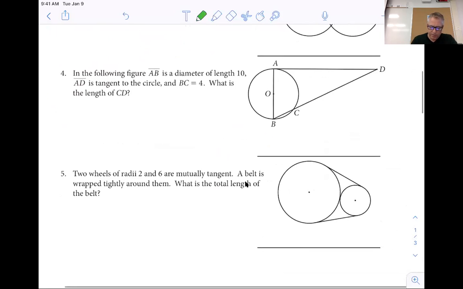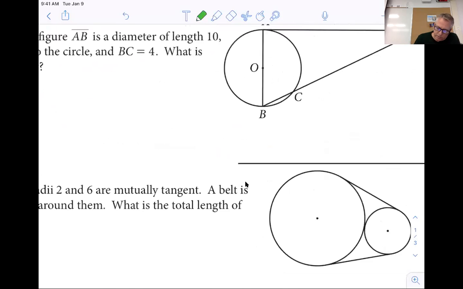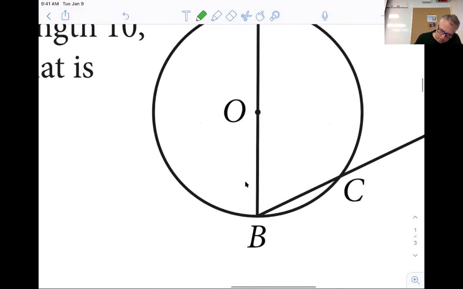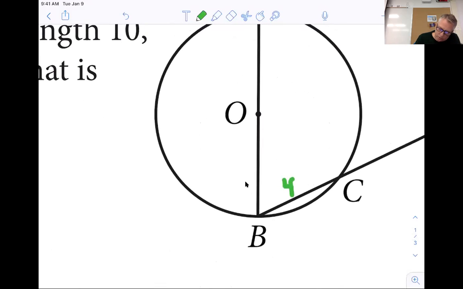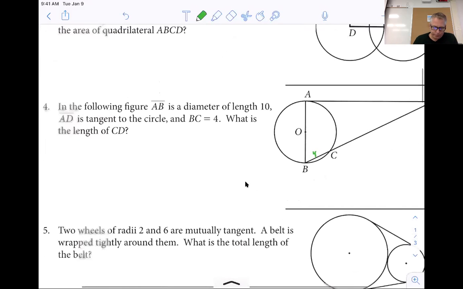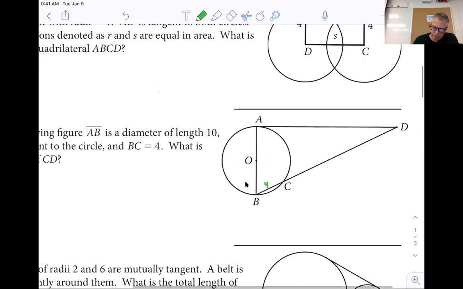In the following figure, AB is a diameter, length 10. AD is tangent. So remember, we talked about some tangent properties already. We know that BC is 4. So that's 4, and that's just from there to there. What is the length of CD?